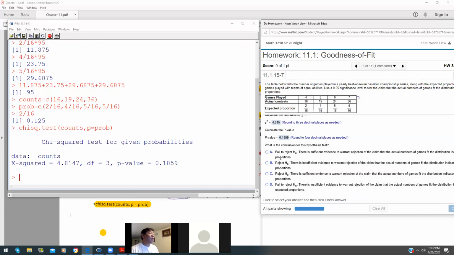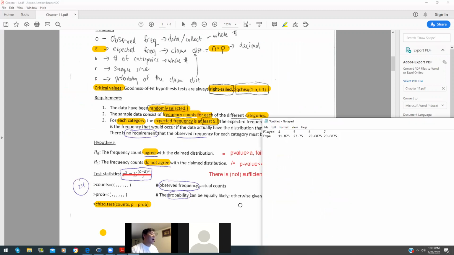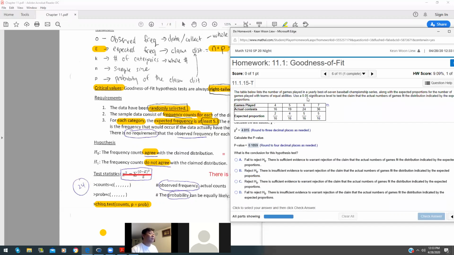Sometimes a question wants you to find your critical value. This is how you find it. The critical value is invChiSquare of 1 minus alpha, with K minus 1. I'll shorten it to CV. You have to do inverse chi-square. Your alpha in this case is 5%, 0.05. And what is your K minus 1?